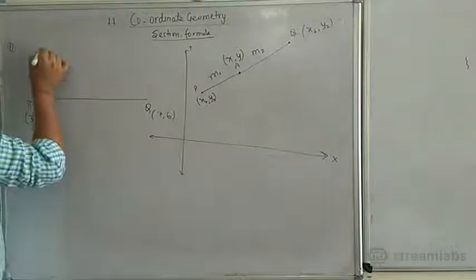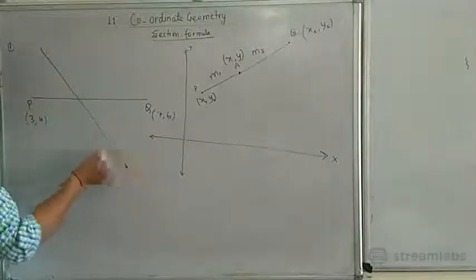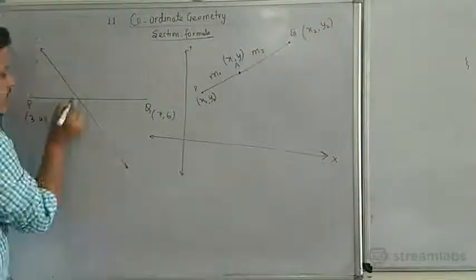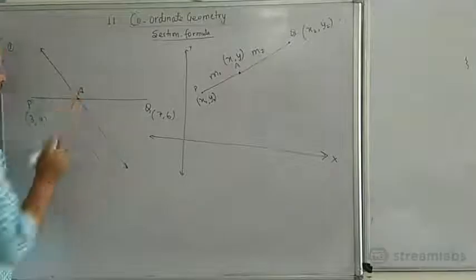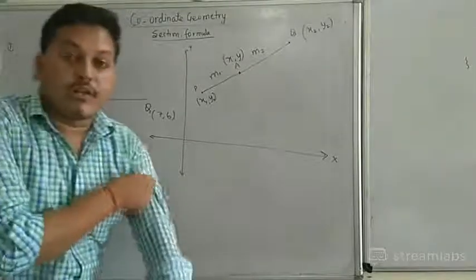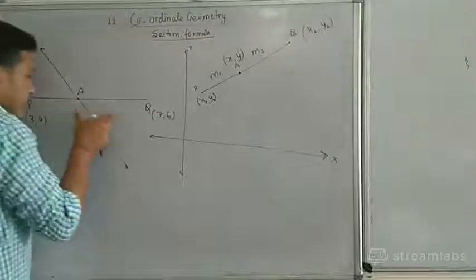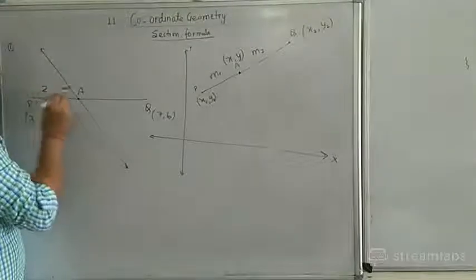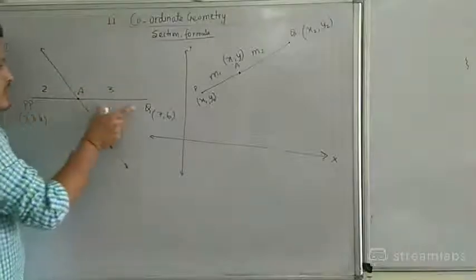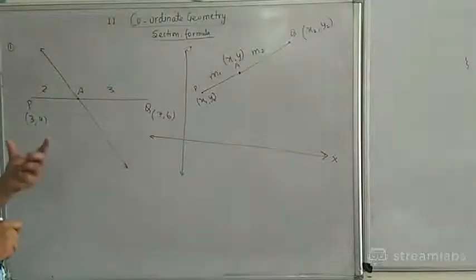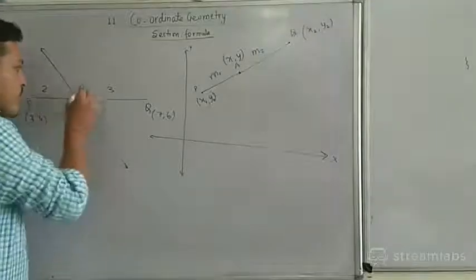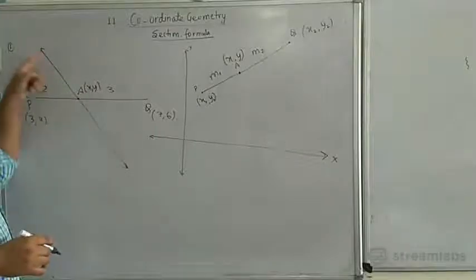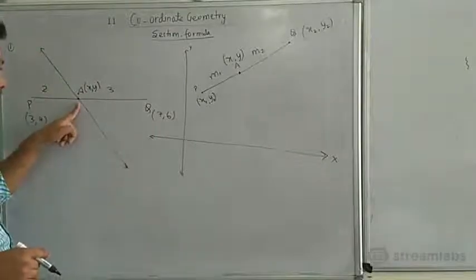Now a line crosses the line segment PQ, and they intersect each other at a point, suppose A. And one more thing, it divides PQ in the ratio 2:3. It means this is the two part, this is the three part. The question is, calculate the coordinate of this point A.